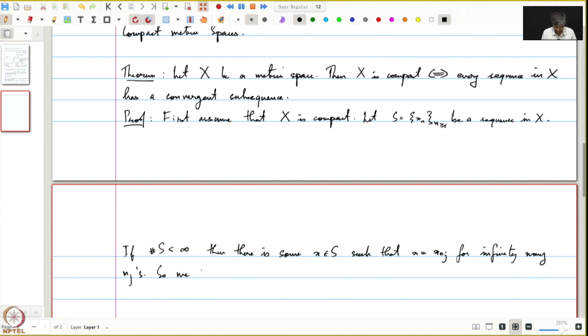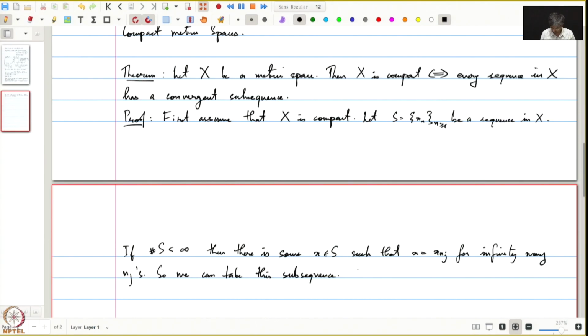So we can take this subsequence, in which all the elements are the same, and therefore obviously it converges.